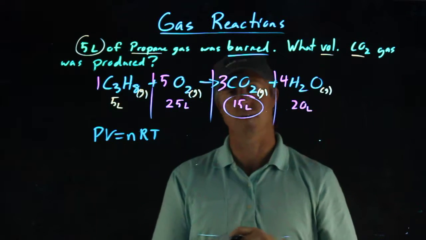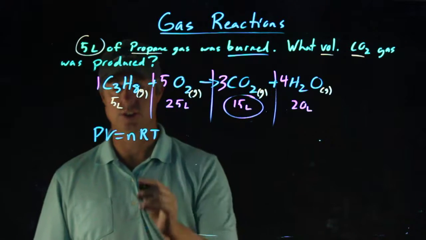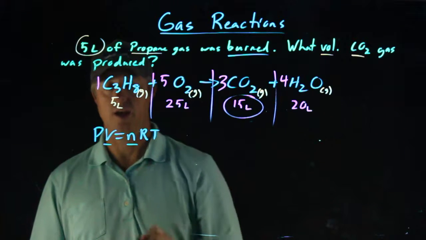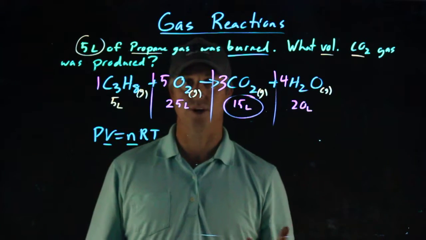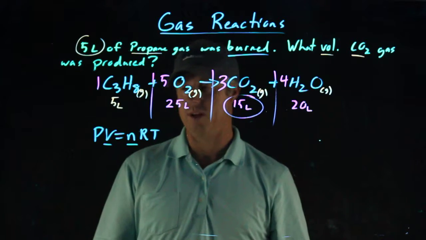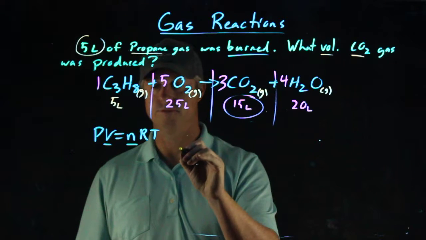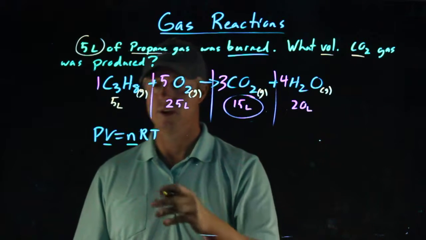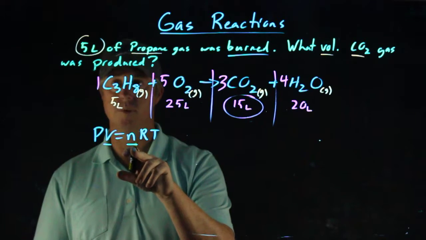Our ideal gas law, PV equals nRT. And so what we see is there is a relationship between volume and moles. In this case, the pressure is held the same. So we can adapt this formula to look at various things or even comparisons. But when you look at it, there's 5 liters for a certain number of moles.